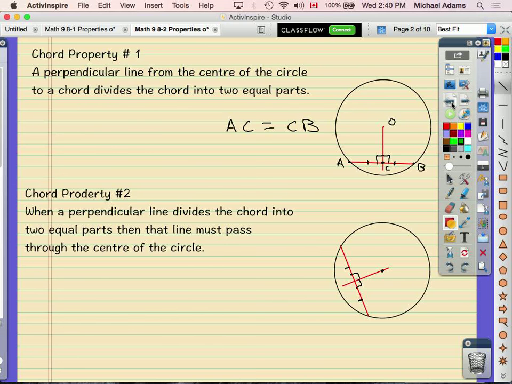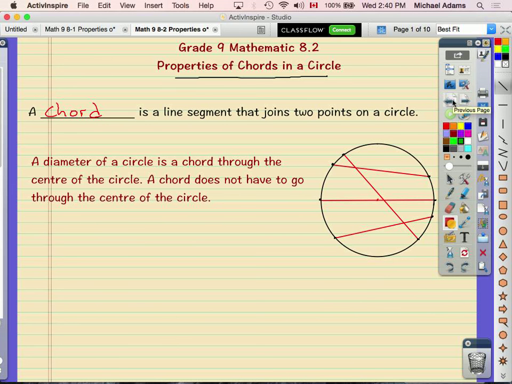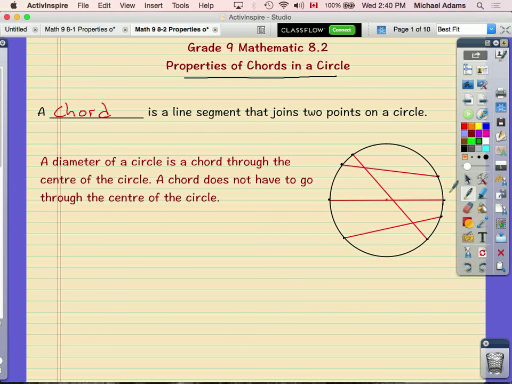Let's just review. First of all, a chord is a line segment that joins 2 points on a circle, and each of these is an example of a chord. A chord can also go through the center of the circle. It doesn't have to, but it can.